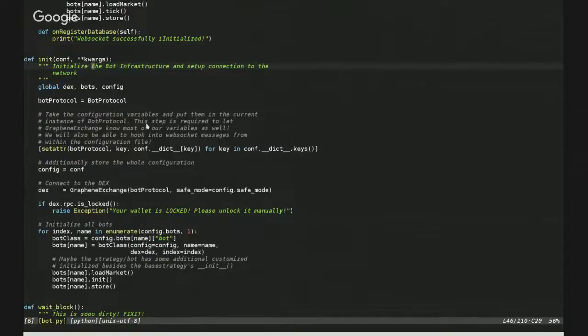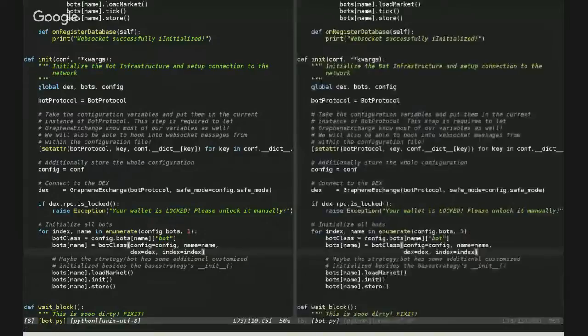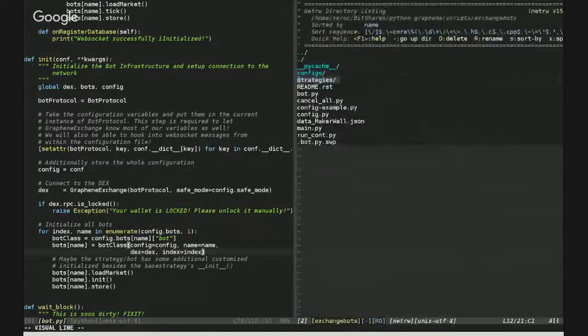You can define the specific tasks of that protocol in the configuration file, and you can load many different bots, and it's executing them one after the other. And one of these bots are actually in the strategies folder.